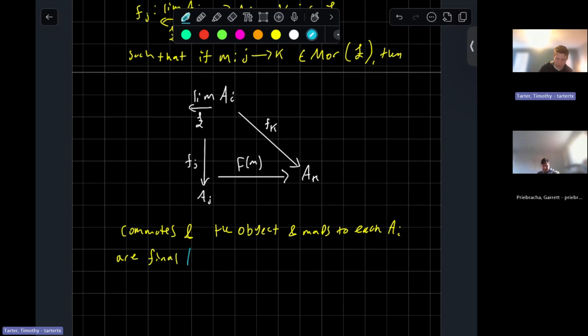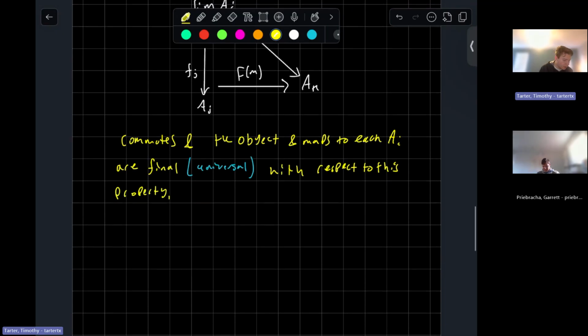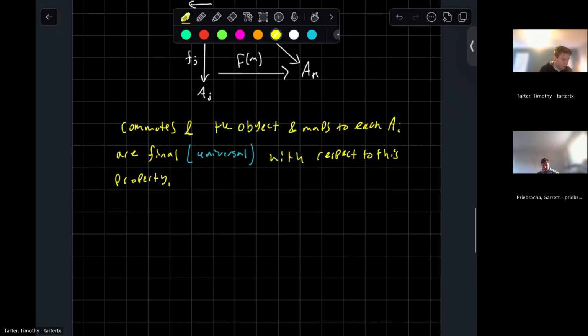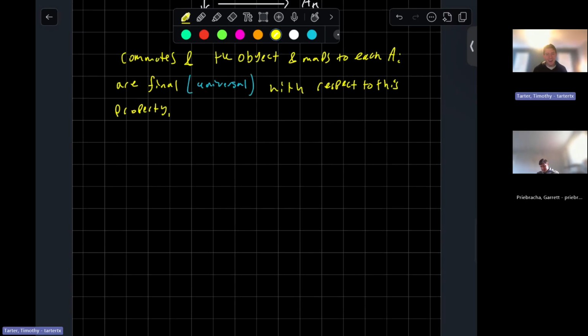Another word that they're using for this now is universal with respect to this property. So more precisely, oh my God.